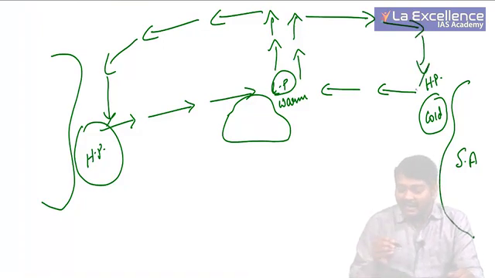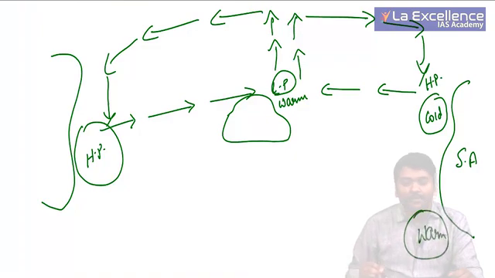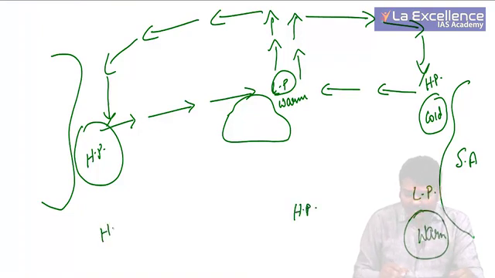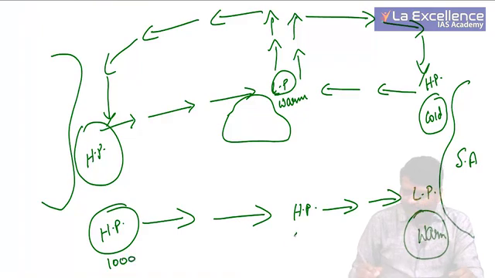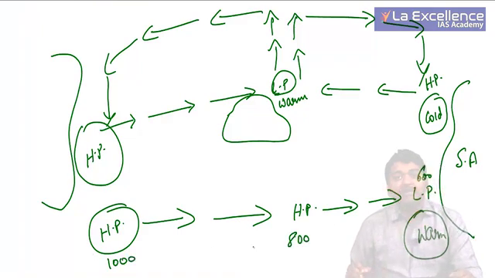But whenever El Nino takes place, warm water accumulates here. That is, low pressure will be here, high pressure will be here, and high pressure will be here, right? This also doesn't change. Can you see winds blowing in this direction? This may be 1000, this may be 800, this may be 600. So it's moving in this direction.